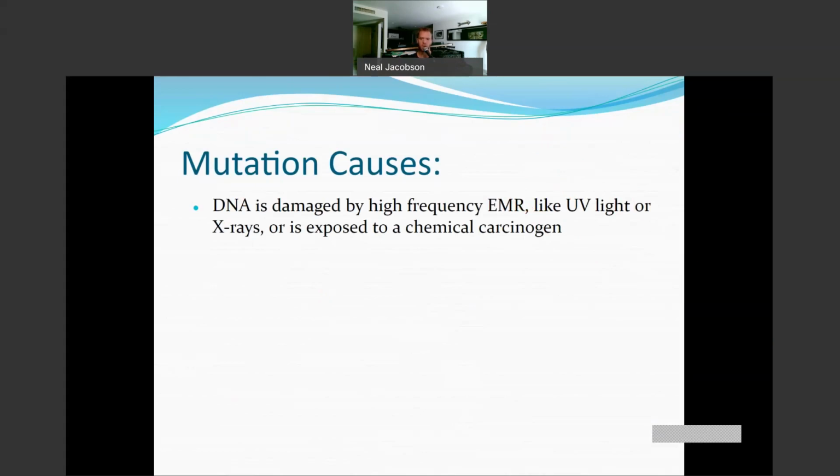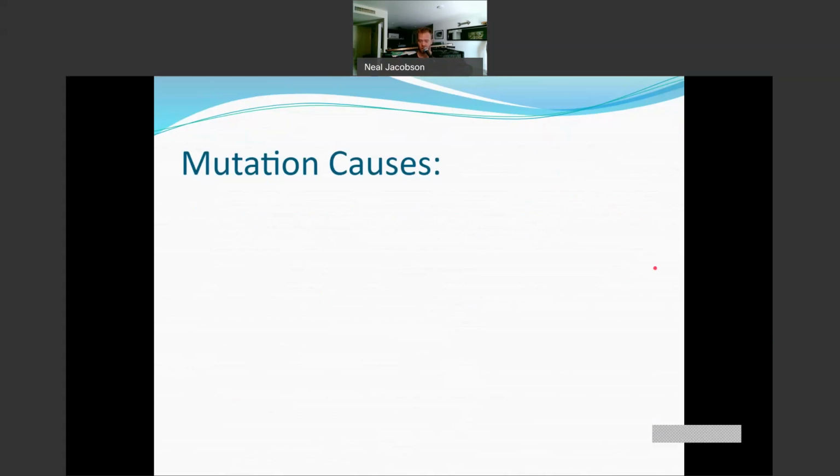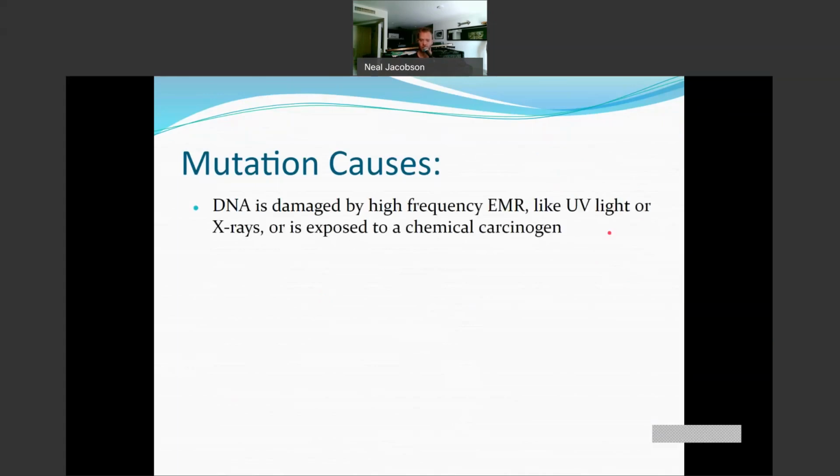And so the cell will do the best job it can repairing it, but occasionally it'll accidentally insert a base pair, or remove a base pair, like an insertion or deletion, or it might substitute. It might pick the wrong one. And so that's one way that we get mutation. Another way is if you're exposed to a chemical carcinogen.